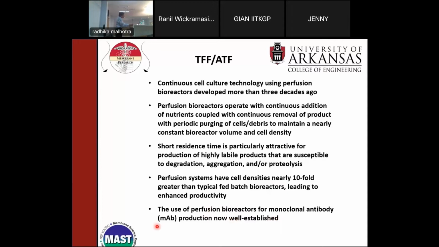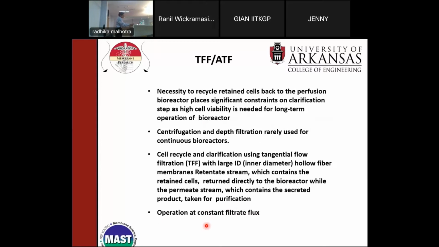Perfusion bioreactor monoclonal antibody production is now well established. However, the necessity to recycle cells back to the perfusion bioreactor places significant constraints on the clarification step, as cells for long-term bioreactors must be recycled. You must put the cells back. Problem: it cannot be a depth filtration process. You cannot put cells back. Right?